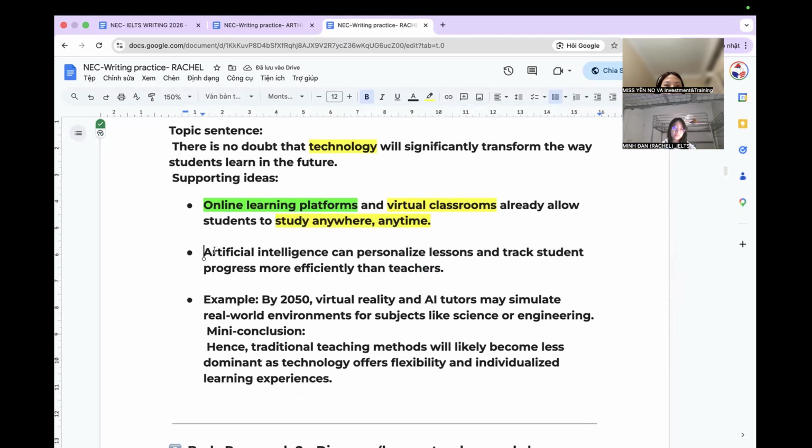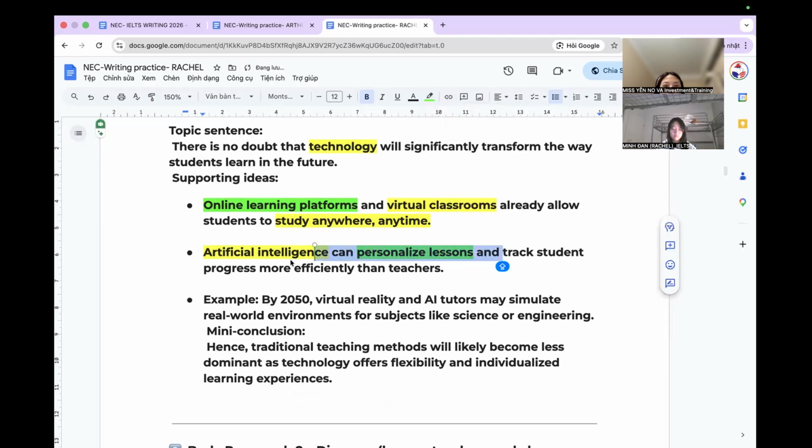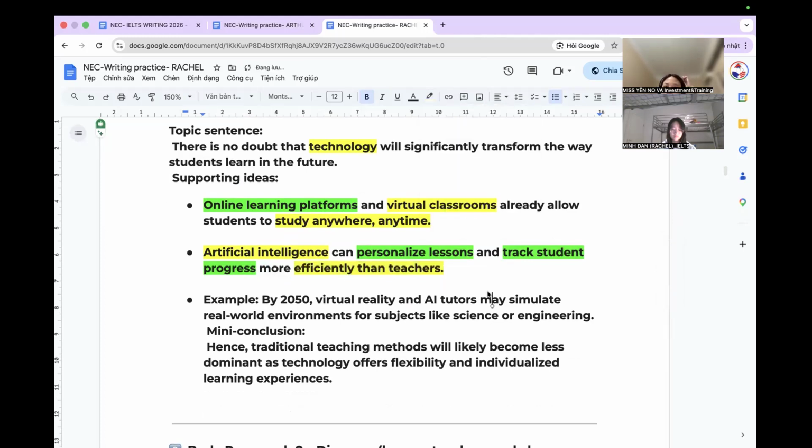The next one that I already mentioned, artificial intelligence, can personalize lessons and help to track student progress. So it helps the teacher to be more productive, more efficient when it comes to data management, you know.